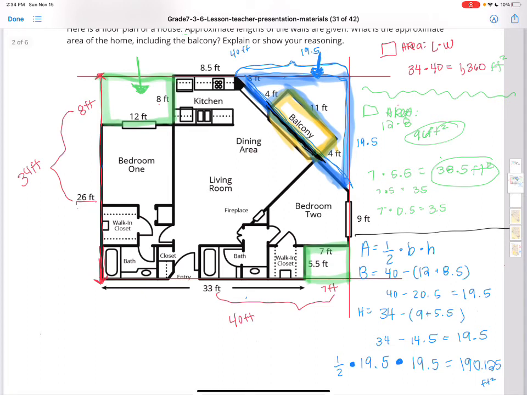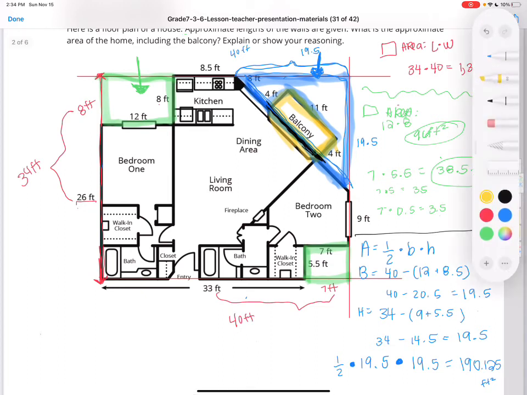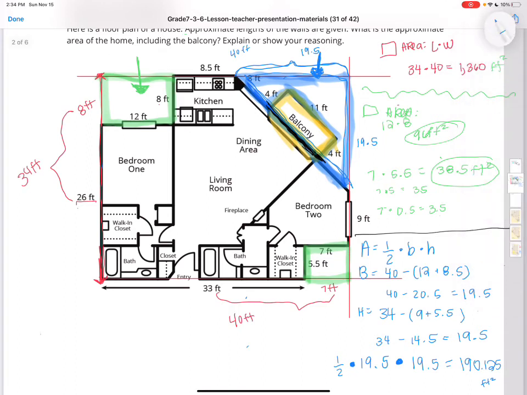To find the balcony, we'll use the area of a rectangle, which is the shape it's kind of giving us: 4 times 11, which is 44 feet squared. Then I would have to take that away from 190, or we could add that into our last results. So let's save this to be last.